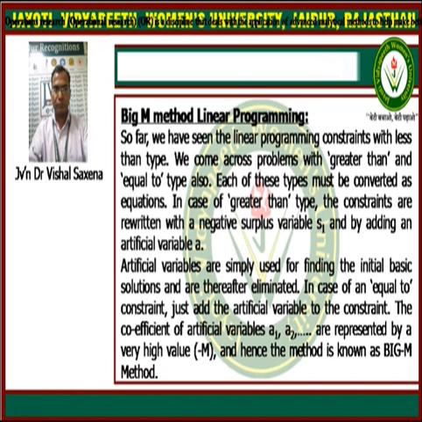Here minus M, a very high negative value, will be assigned to all the artificial variables present in the basis, and the rest of the variables will have the same cost as they have in the objective function.